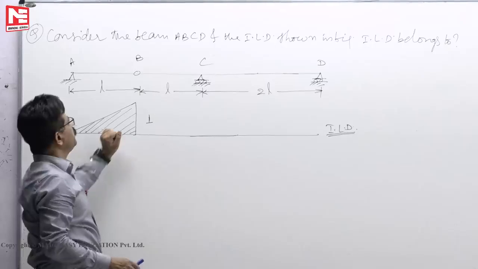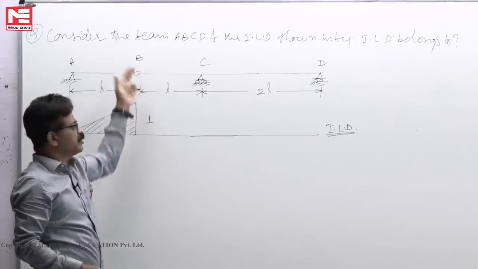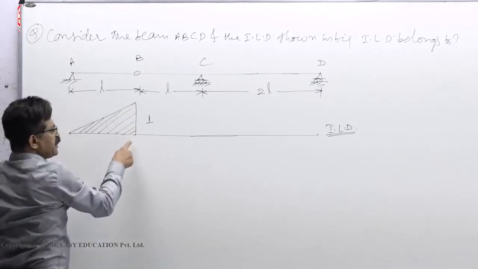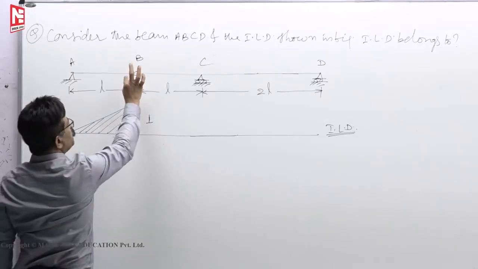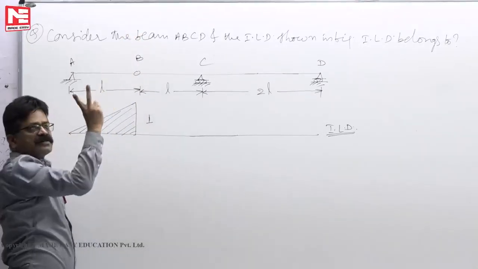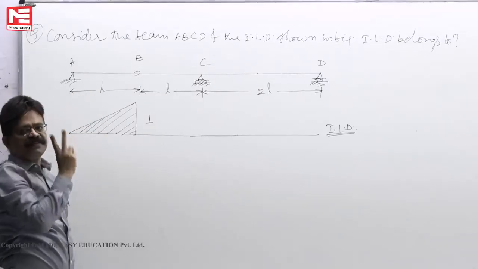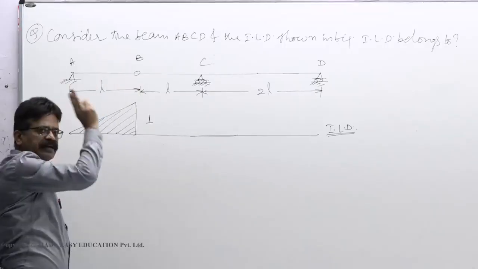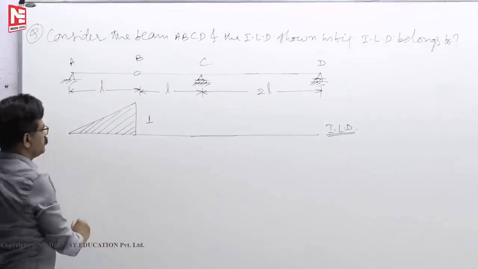Instead of pulling it down, they lifted it up by 1. Maybe for them it is negative. So to get this ILD, I must cut, hold, and lift by 1. Since cutting is involved, it is ILD for shear force, and since you are cutting at B, it is ILD for shear force at B.